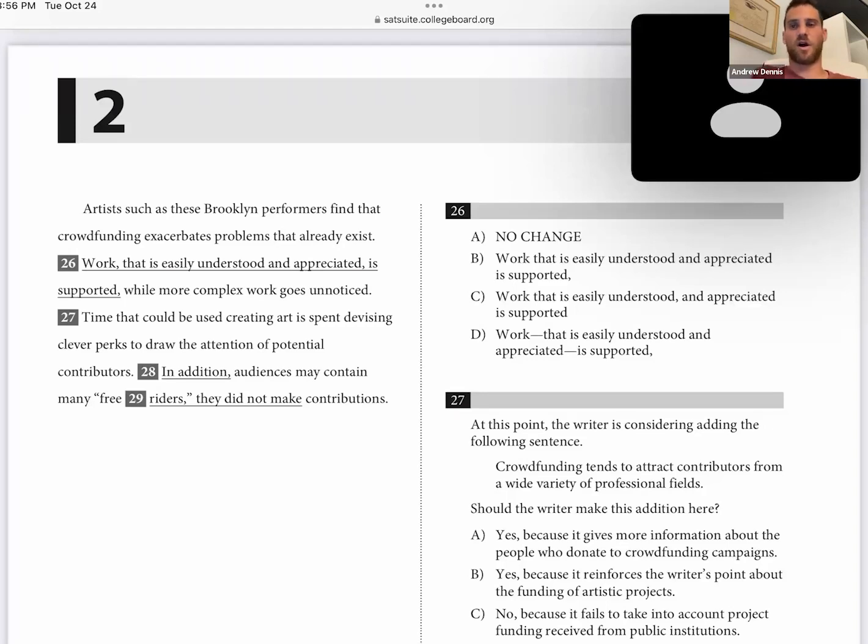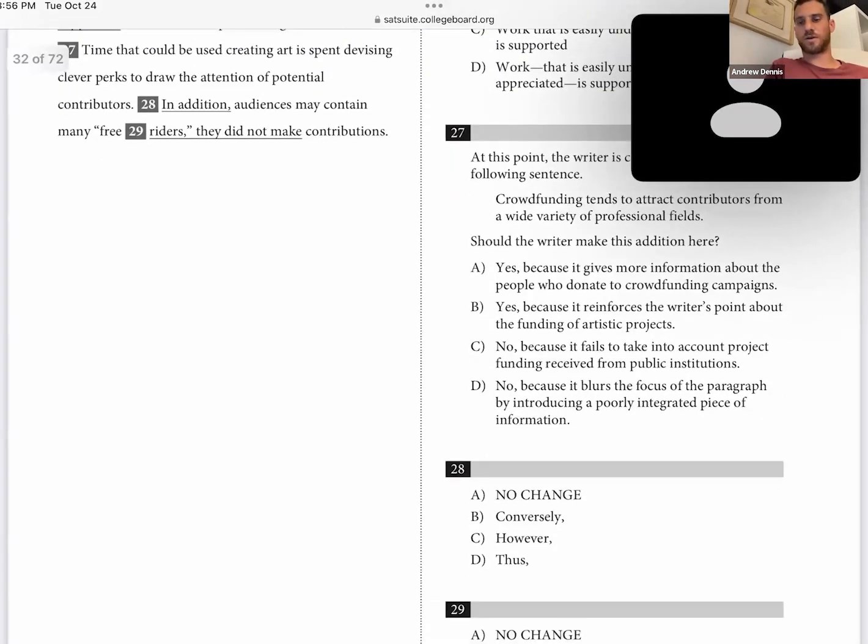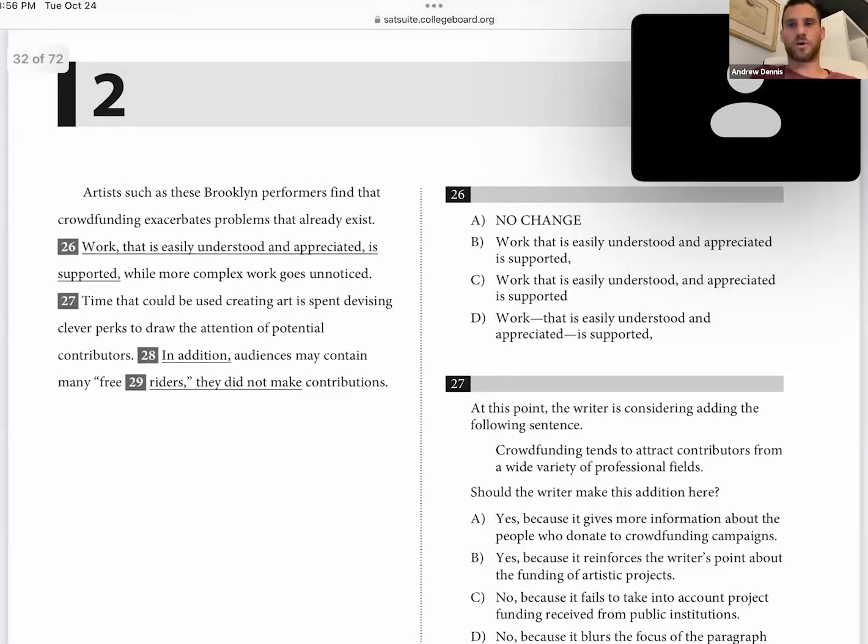In addition, audiences may contain many free riders that did not make contributions. So no change, right? Because conversely and however are talking about opposites, things that would go against what we're saying. And thus, remember, thus is a conclusion. We're not arriving at a conclusion here. We're just adding an additional problem that the Brooklyn performers are finding with crowdfunding.